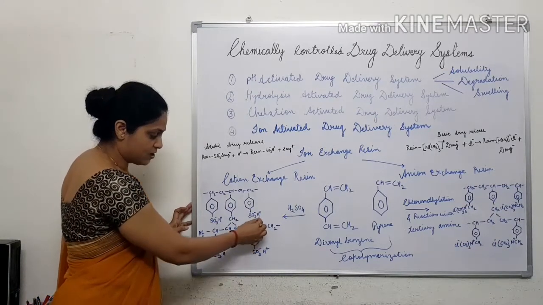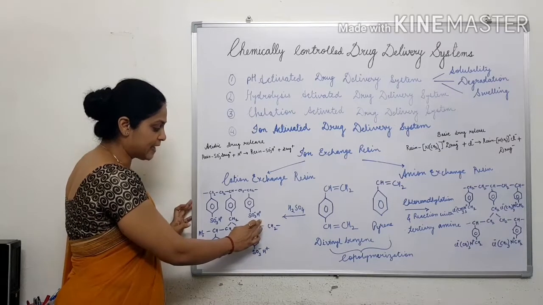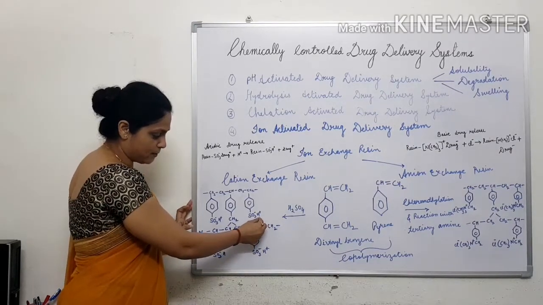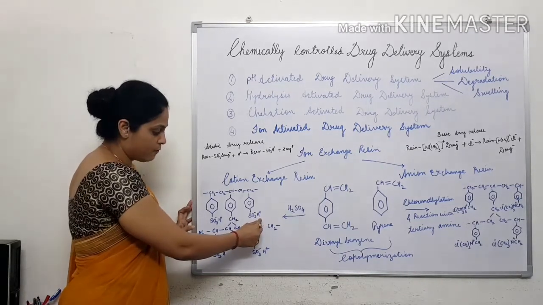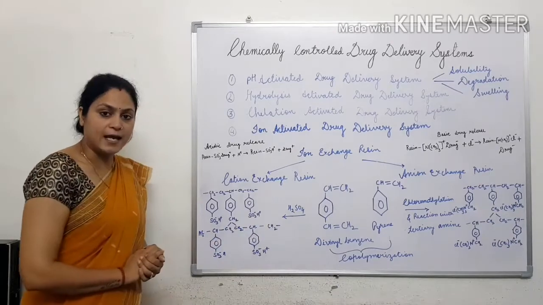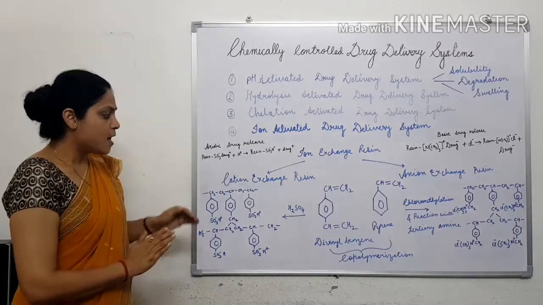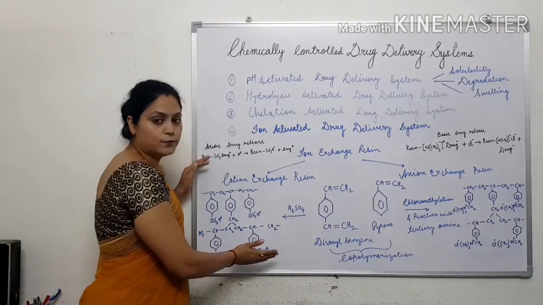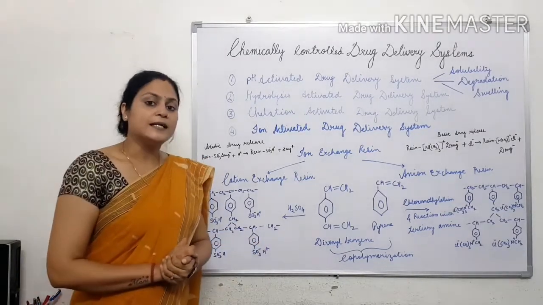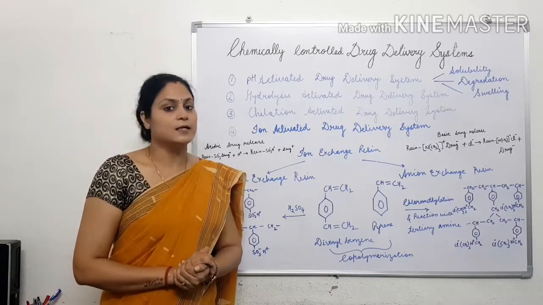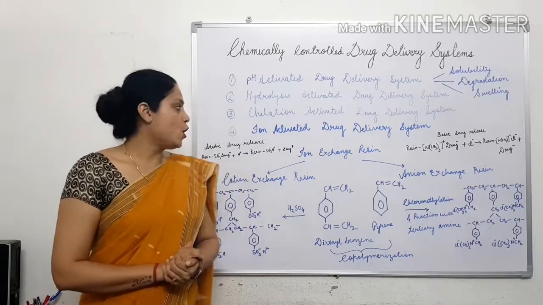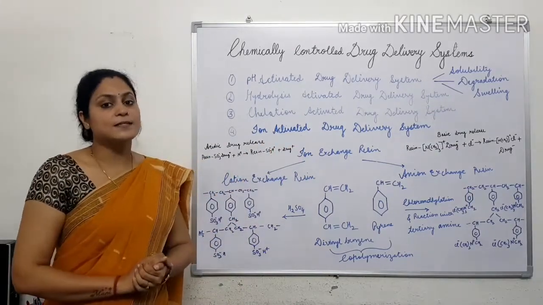This cation exchange resin is so called because it can easily complex with the cationic drugs, and the hydronium ion can be easily exchanged with the cationic drug. If a cationic drug is complexed with a cation exchange resin, it results in the formation of an activated drug delivery system.